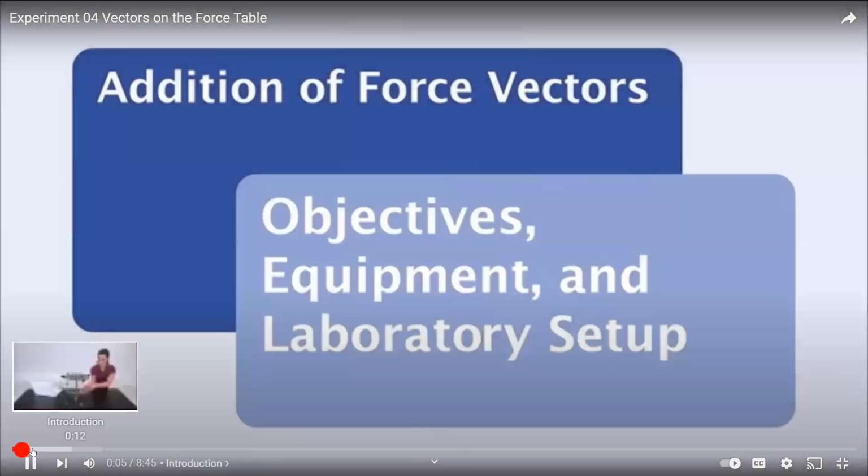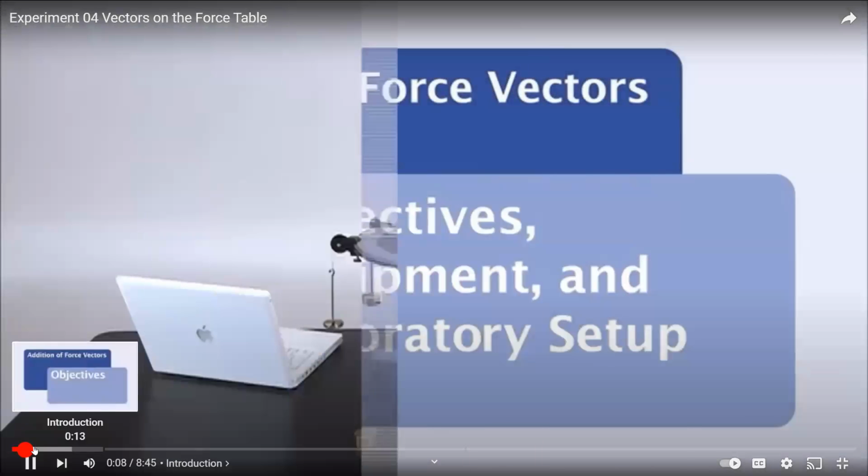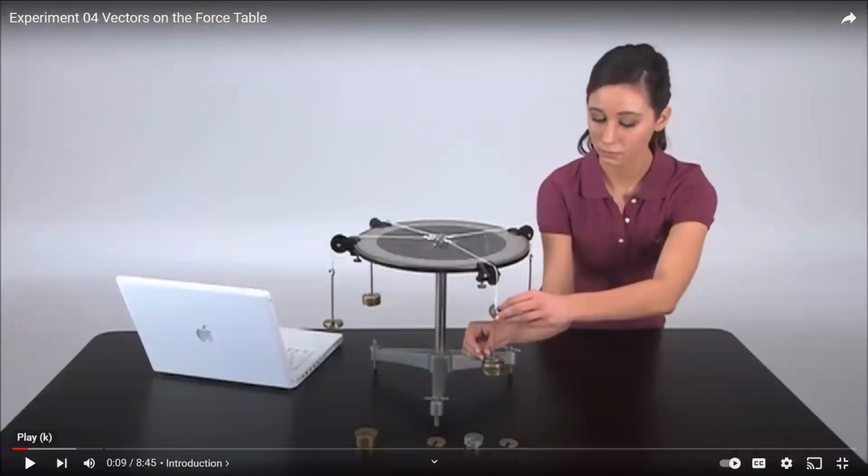Vectors on the force table. Let's see. In this laboratory, see here, the circular table. Here is the pulley attached to the clamp. Do you see that they're using four clamps?